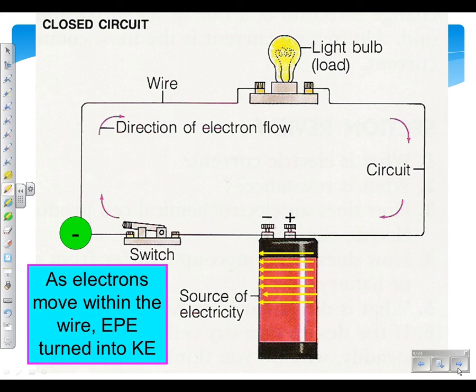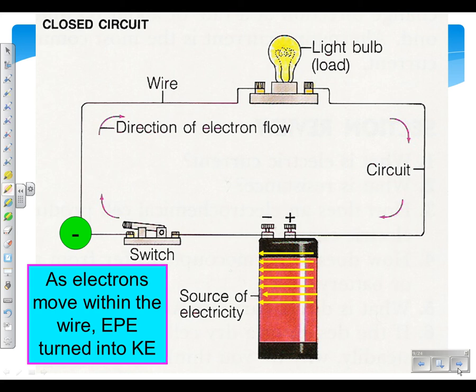Those charges start moving. That's the equivalent of me doing what with this baseball? Dropping it. That's what happens when they move out into the wire. It's the equivalent of me dropping the baseball. Potential energy is decreasing, kinetic energy is increasing. Good there?